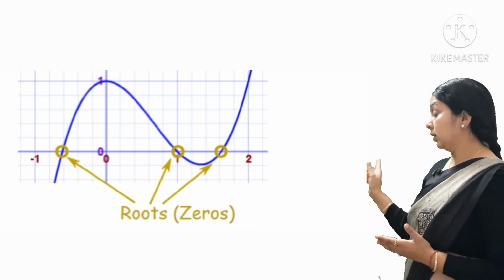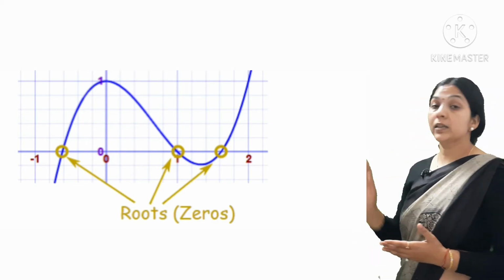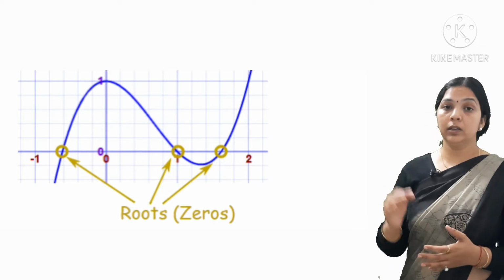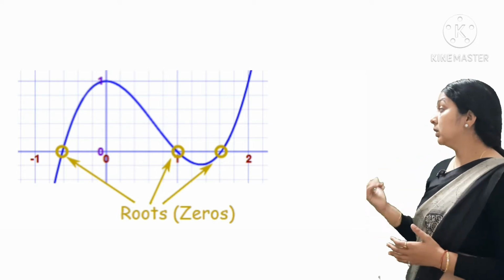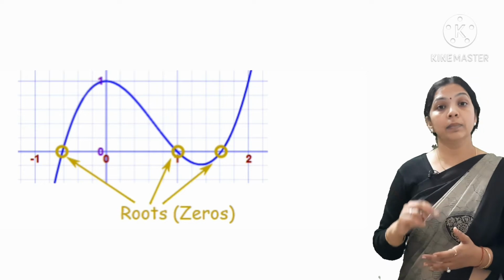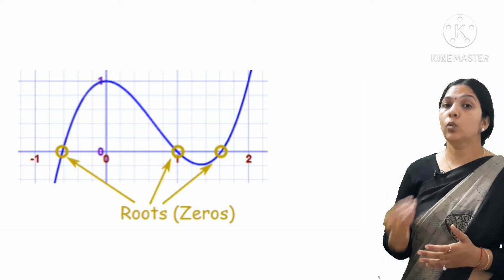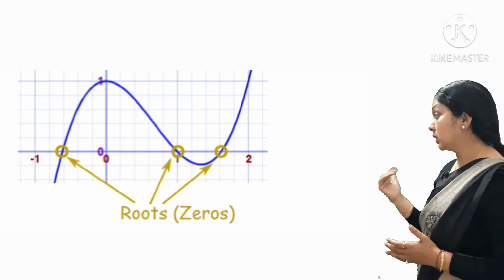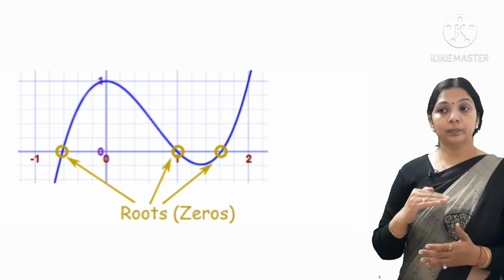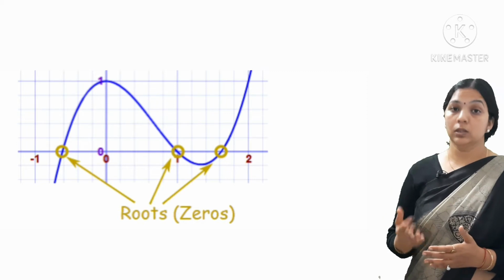If it is crossing the x-axis once, it means it is a linear polynomial. If it is crossing the x-axis twice, it means that the polynomial is having 2 solutions. That means it is a quadratic polynomial. If it crosses it thrice, then it gives us 3 solutions, 3 zeros.